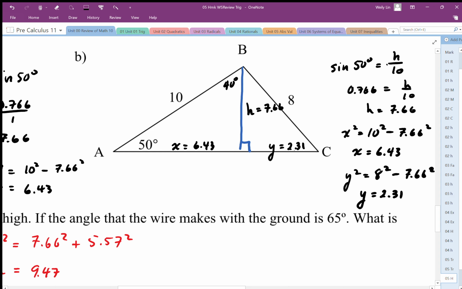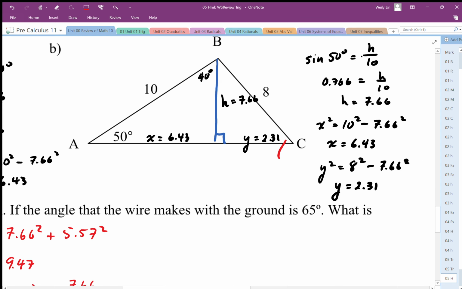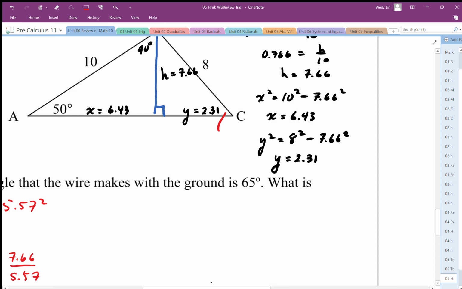So now that I have all three sides of the triangle on the right-hand side, I can work out some angles. So this angle C here, I'm going to work out using the two sides I've just solved for. So I know that the tan of angle C is equal to 7.66, the opposite over adjacent, or rise over run.